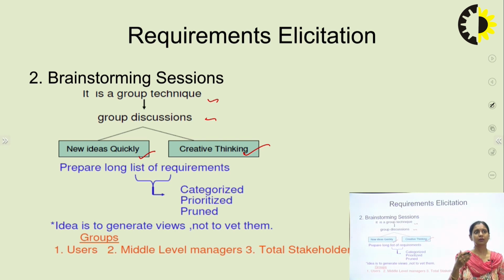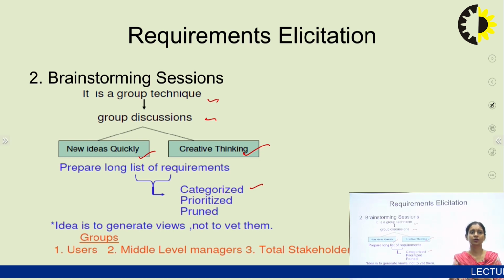So once a brainstorm session is done, a long list of requirements is there which is categorized. First, they are categorized into different categories, and then they are prioritized, because the software cannot be developed in one single cycle. We have different models to develop a software.